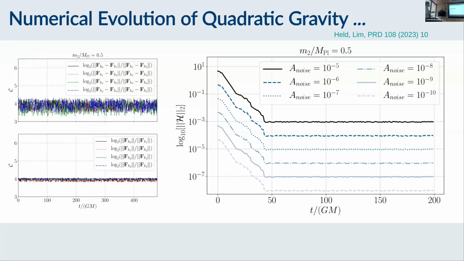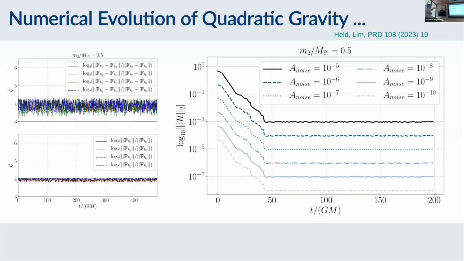All right, then this is maybe even a little more interesting. Here you perform a so-called convergence test where you find the order of your discretization scheme. I said in the previous slide that we use fourth order finite differencing, and that's exactly the fourth order that we find here again.